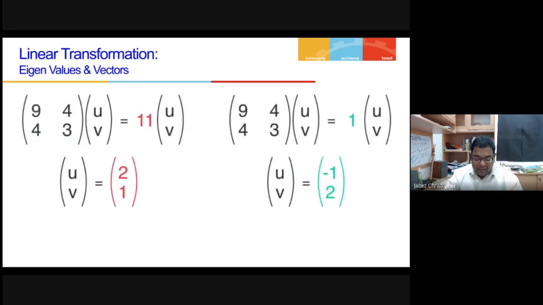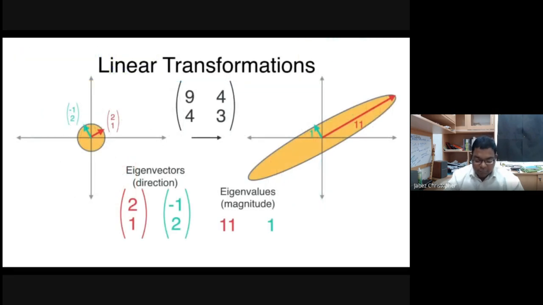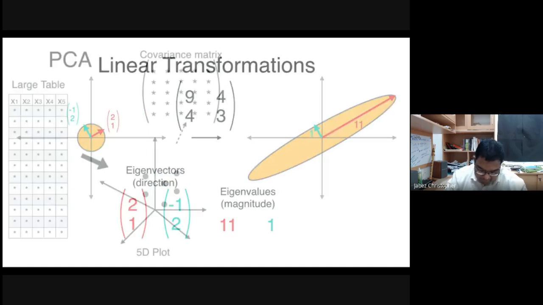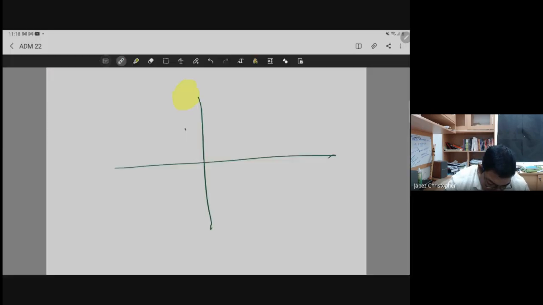So this linear transformation from one domain to another is what we are going to use for our PCA. Why do I need this? Assume I have a set of points, right?